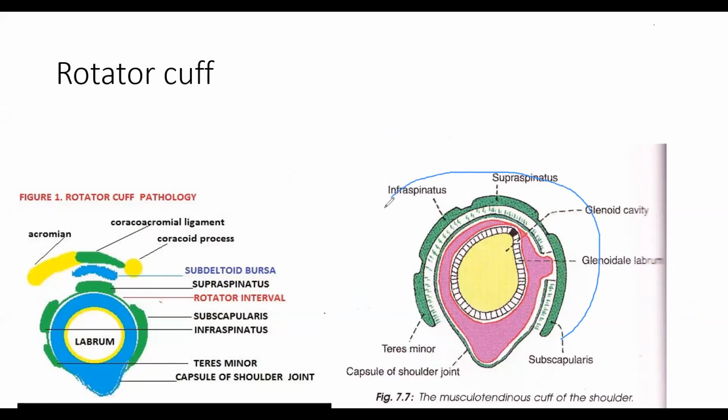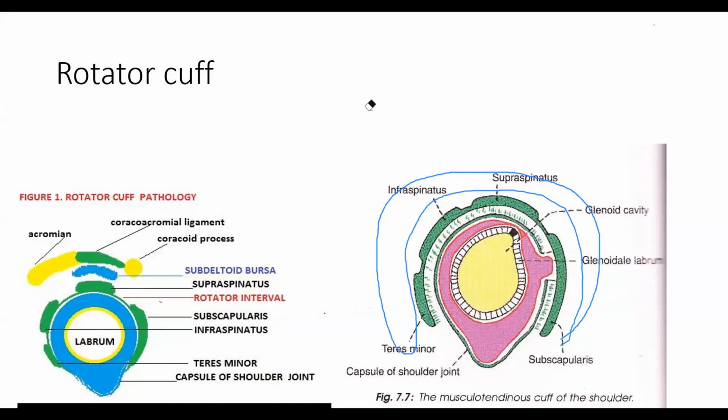Superiorly, anteriorly, and posteriorly it is surrounded by muscles and ligaments, but inferiorly there is no covering. That's why if there is a dislocation, this shoulder joint most commonly tries to dislocate inferiorly, because inferiorly there is no support. Anteriorly you have support, superiorly you have supraspinatus, posteriorly you have infraspinatus and teres minor, but inferiorly there is no support.